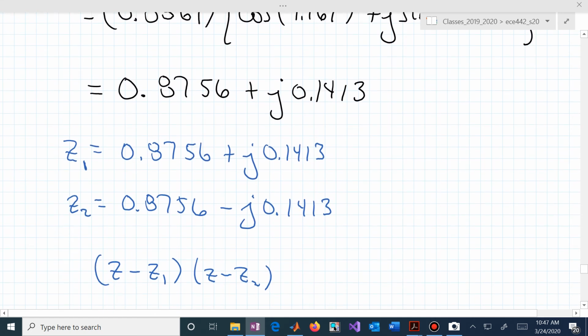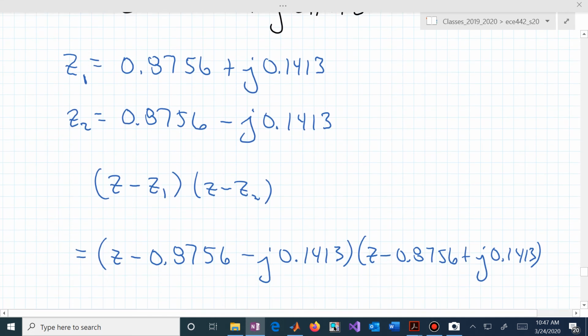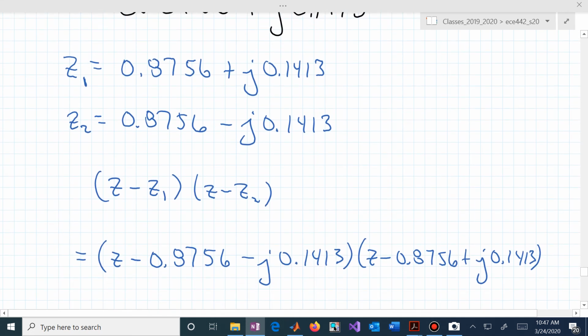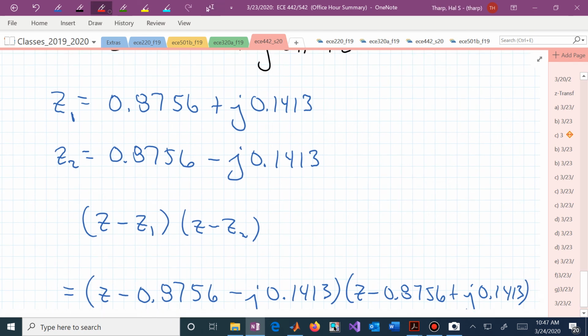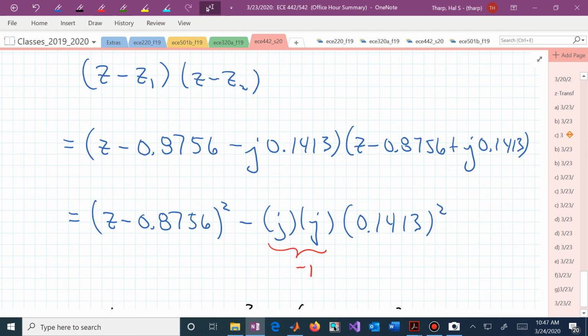We can multiply those two factors. We have z minus z1, so there's one pole factor. Z minus z sub 2, that's a second pole factor. If we multiply those together and realize that we can clean this up a little bit by simply partitioning those two factors appropriately, we can see that what I have now in square brackets is the quantity z minus 0.8756 squared.